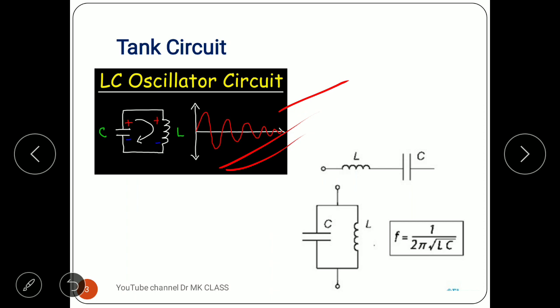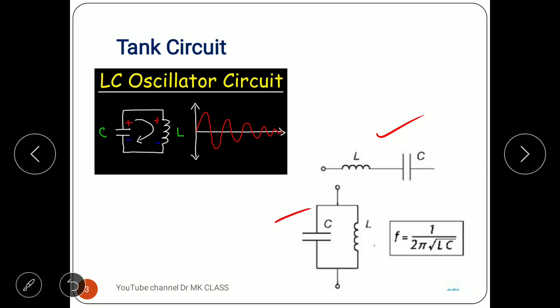But in an oscillator, we want a continuous amplitude like this. We want the amplitude to be constant, and we will see how to make that happen. Wherever we use LC components, either in series or parallel, most of the time we use a parallel combination.